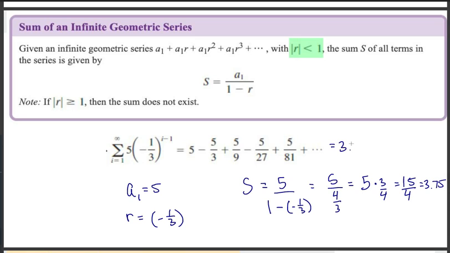Believe it or not, you can check your answer using summation notation in your technology. The problem is you can't write an upper bound of infinity, so pick a really large number. Suppose you said you wanted to add from your first term to the 10,000th term or the 1,000th term. You should get a value of approximately 3.75, but a lot of times it will show up as exactly 3.75.